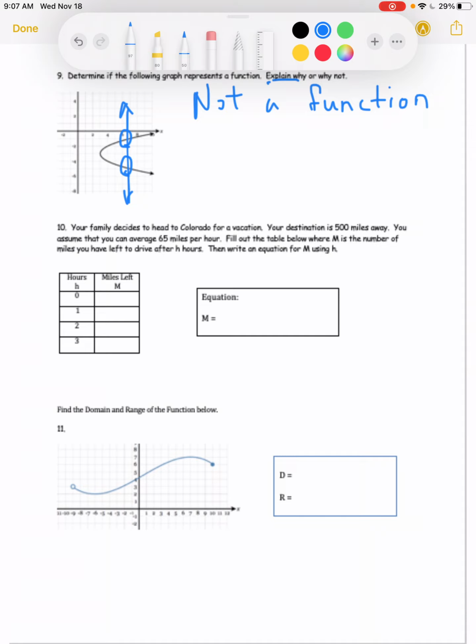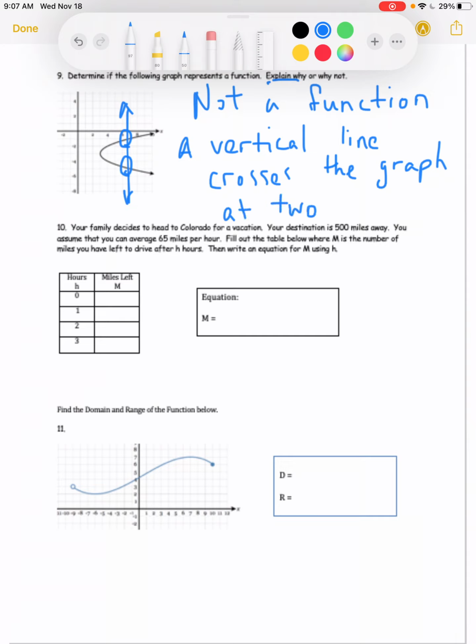Let's say something like a vertical line crosses the graph at 2 points. Okay? All right, 2 more.